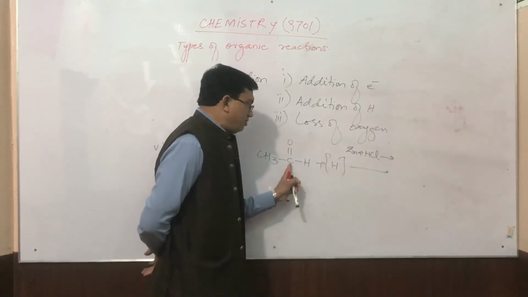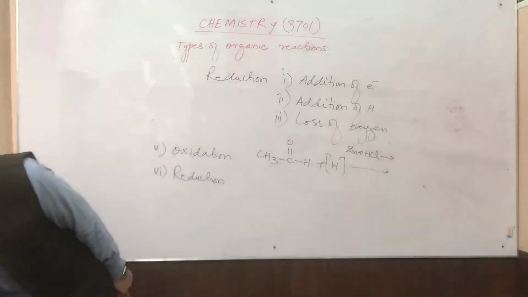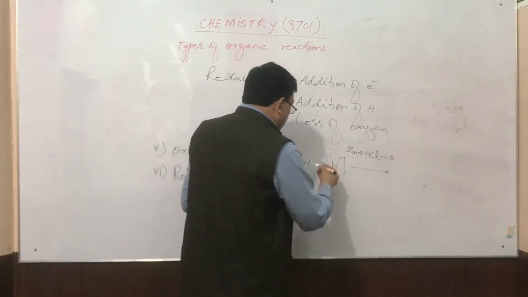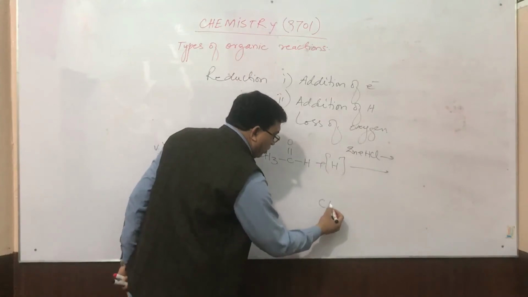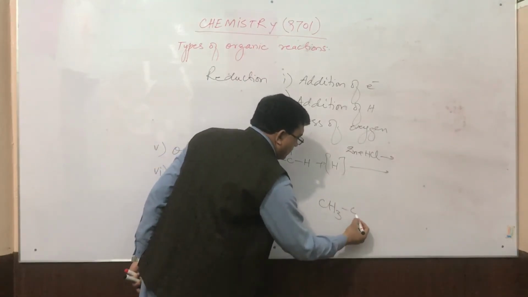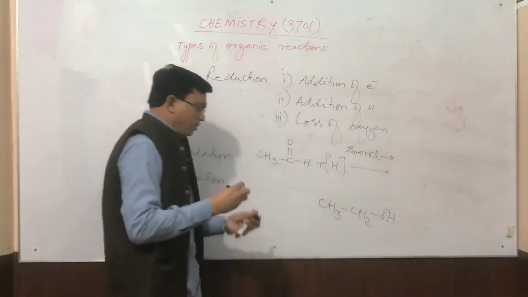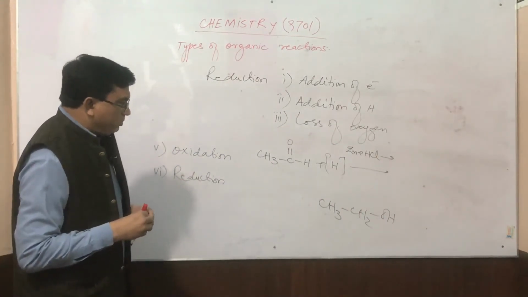That's why this hydrogen will be added into these molecules quite easily and give the respective alcohols, for example CH3CH2OH.